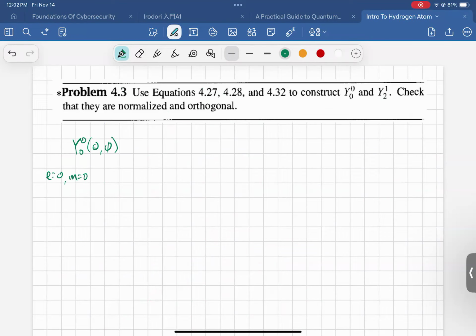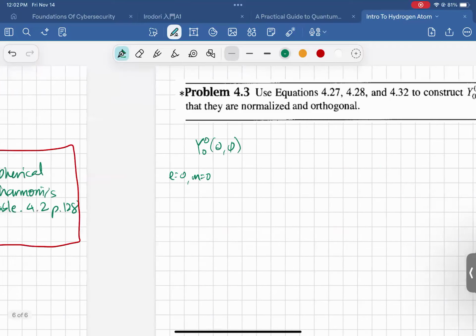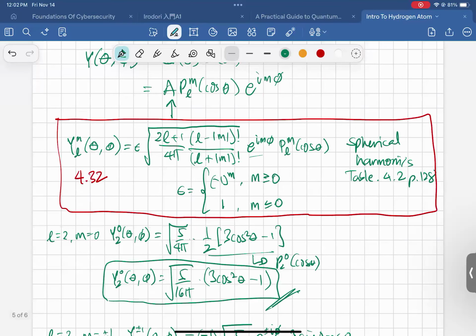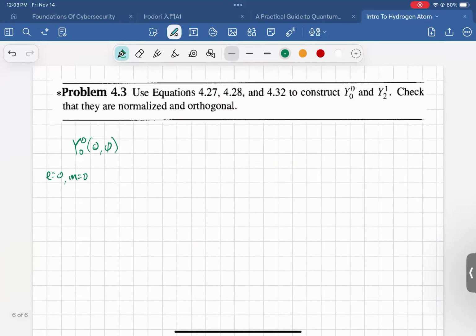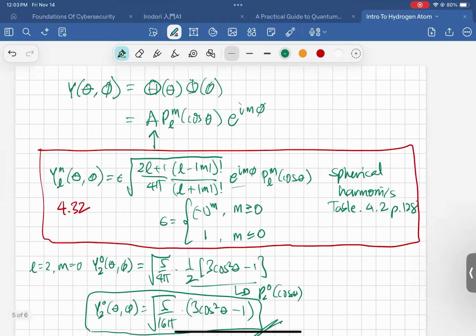From this equation, M equals 0, so yung epsilon is 0. 2 times 0 plus 1, so 1 over 4 pi, and then 0 factorial over 0 factorial. So meron tayong square root ng 1 over 4 pi na coefficient, and then yung P00 of cosine theta.